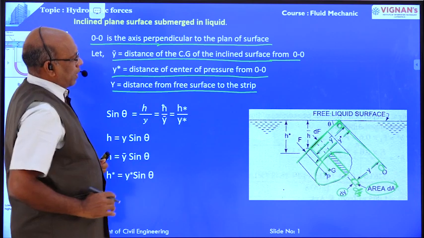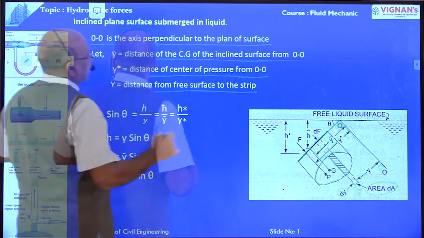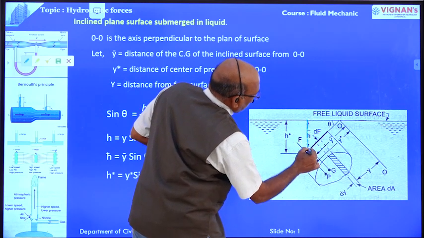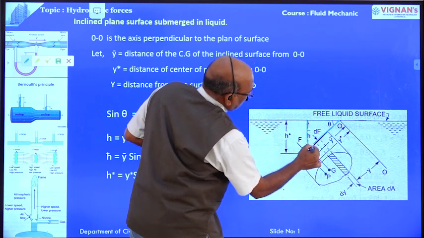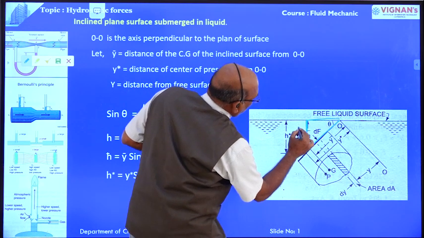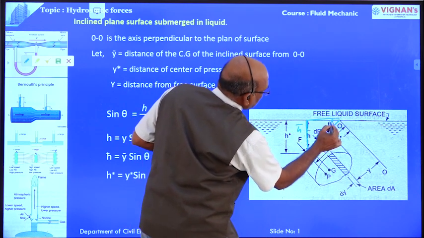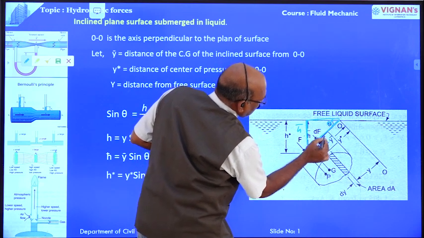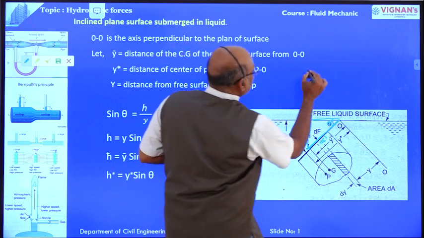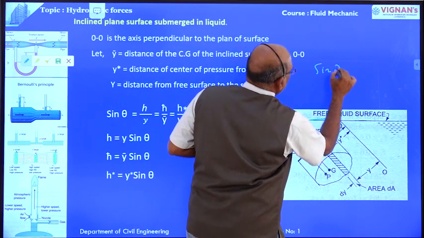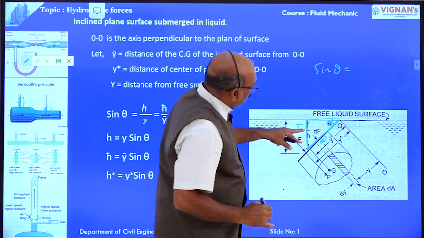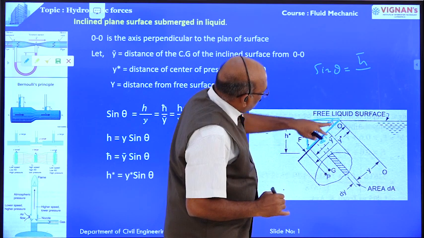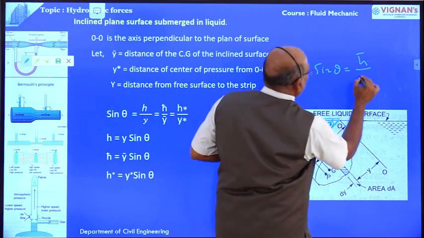Now from this figure, sin theta equals the opposite side h bar divided by the hypotenuse, that is y bar.